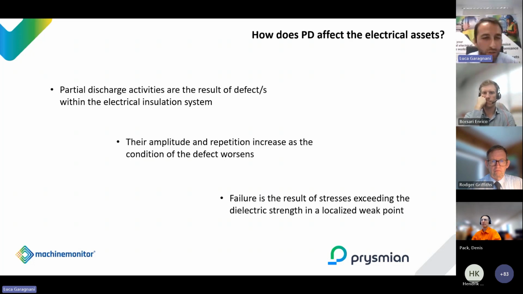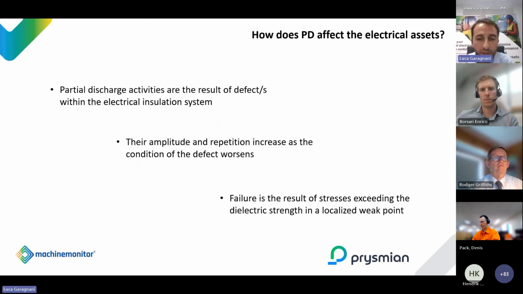So the partial discharge is going to affect the characteristics of the insulation at that specific point, and is going to decrease the dielectric characteristics of that electrical insulation system. And once an overstress, which can be caused by the normal operation of your asset or by lightning or whatever happens in the network, that overstress as an overvoltage can reach that point and fail the system.